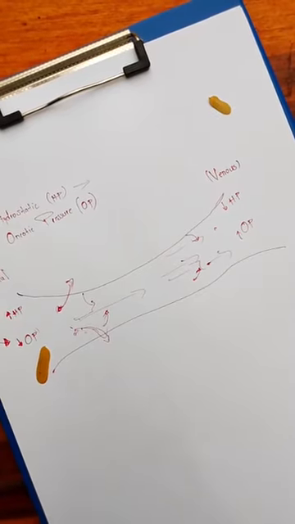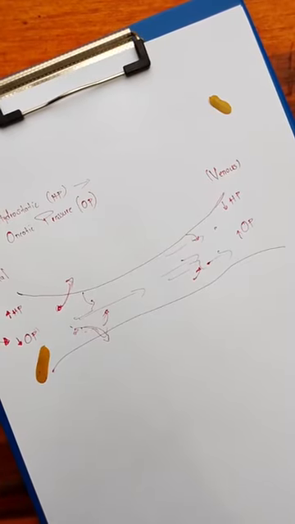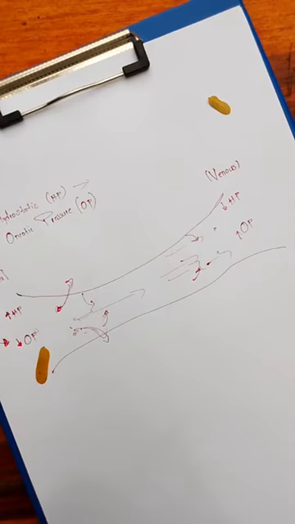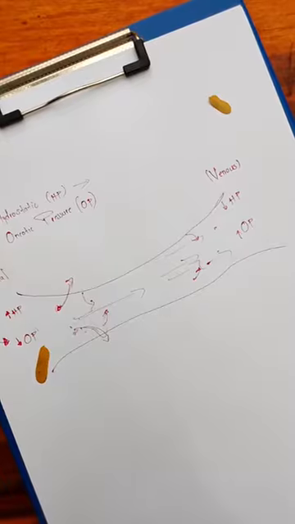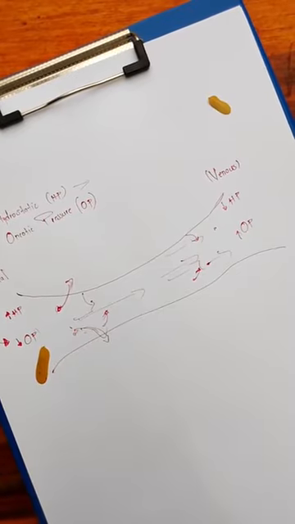So if you want to measure the blood plasma, or the intravascular fluid, we have indicators like Evans blue. That's the one that is used.